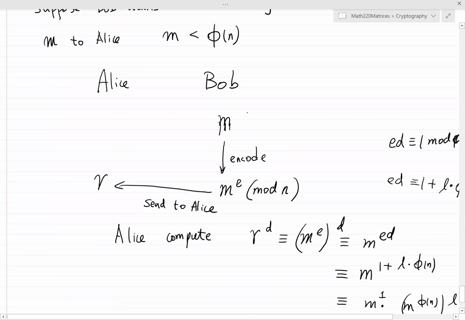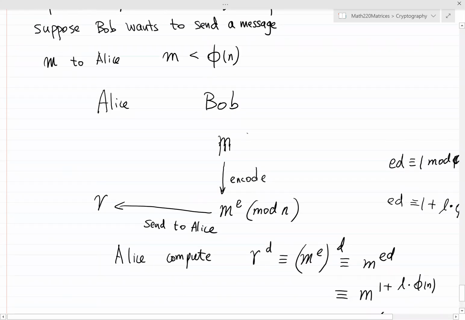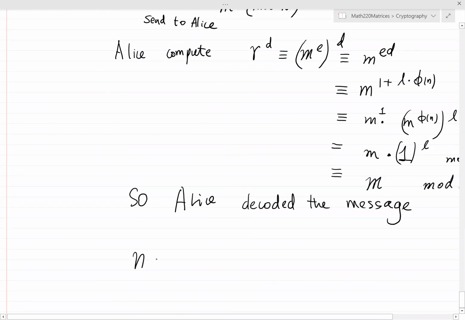Even if everyone gets the public key, no one can decode, except if Bob tells other people what the message is. If Bob doesn't tell anyone the message, then even some evil people who get M to the E, the message sent on the public channel, cannot decode it.